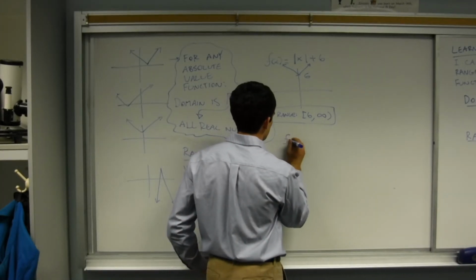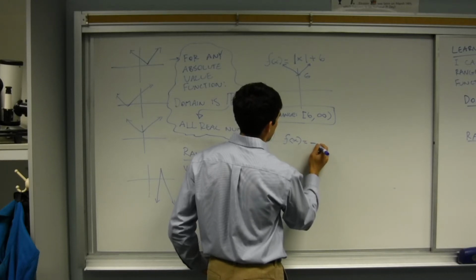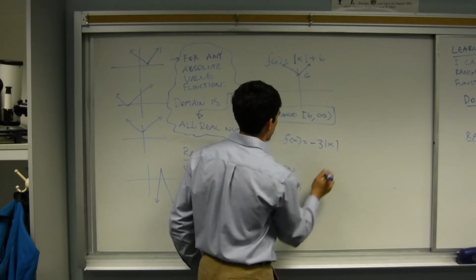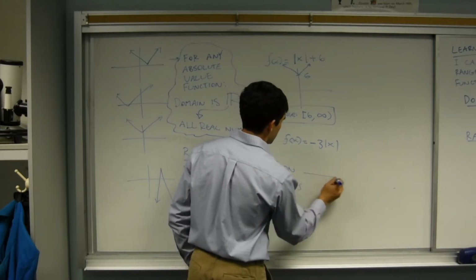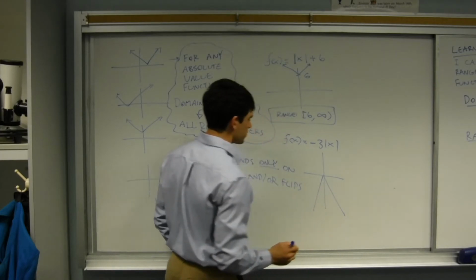How about f of x is equal to negative 3 times absolute value of x? If we graph this one, it's going to look something like this.